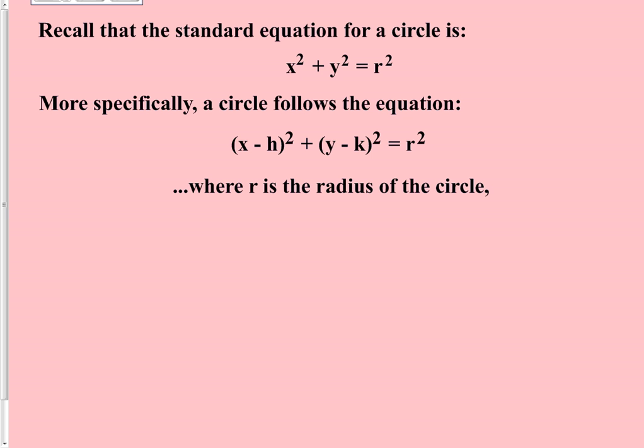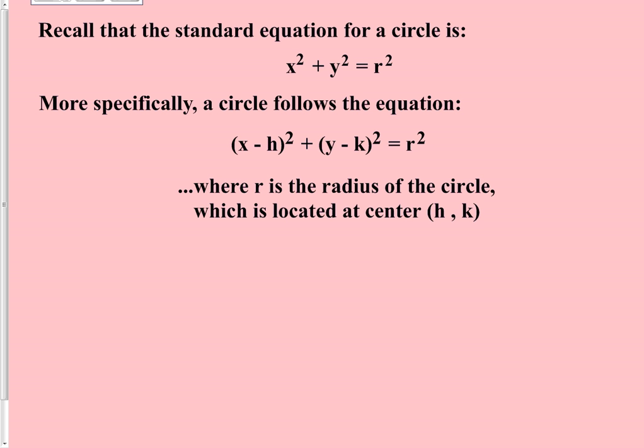And of course, r represents the radius. Please take note that the r value is squared. That's a number being squared, so that's going to be a different number. Keep that in mind when it comes time to figure out how big your radius is. And the center of our circle is located at (h, k).